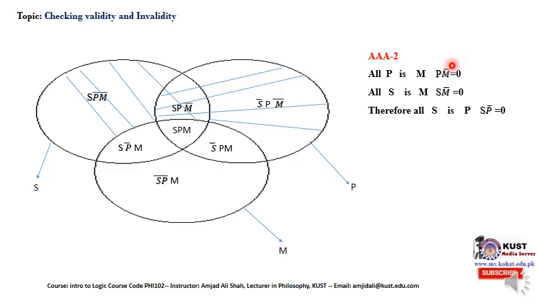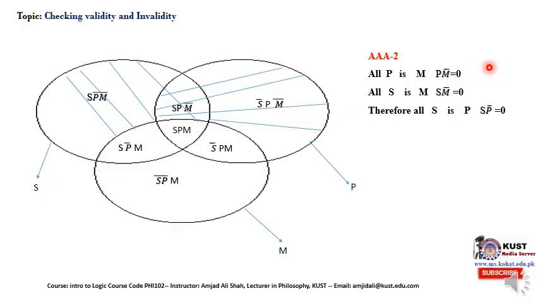Now the first premise says PM bar is equal to 0, and the second premise says SM bar is equal to 0, which means that you are supposed to diagram, in other words shade, the class or the area of PM bar. First we diagram PM bar is equal to 0. You're supposed to make it empty.